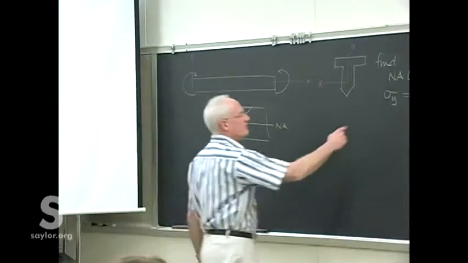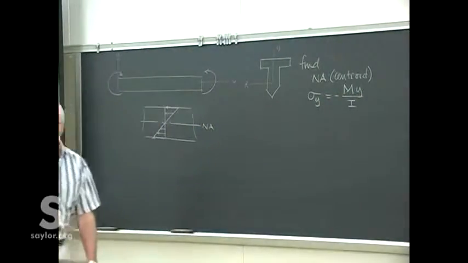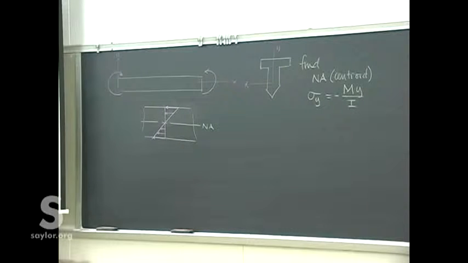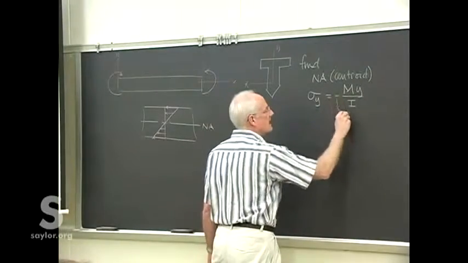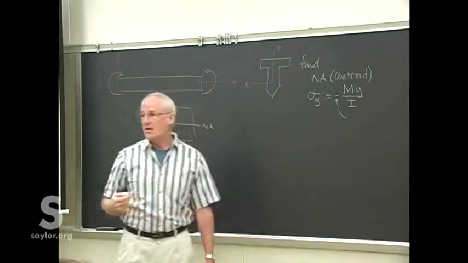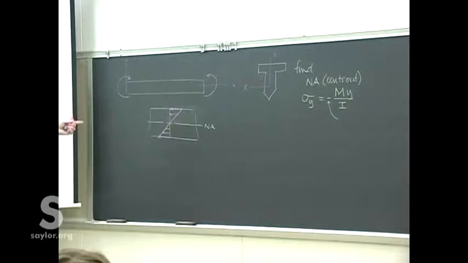So if we had positive moment and positive y, we needed the minus sign to tell us that that was in compression above the axis and tension below the axis. But tradition has it that the minus sign is often just left off because it's so obvious just from inspection of the problem whether it's compression or tension. You just look at it and you're going to know what's going on with that piece.